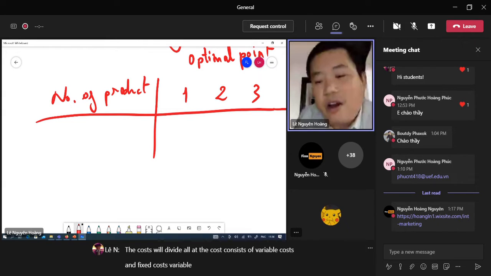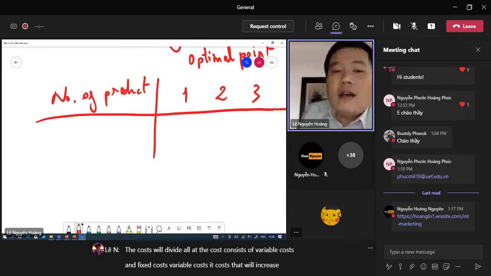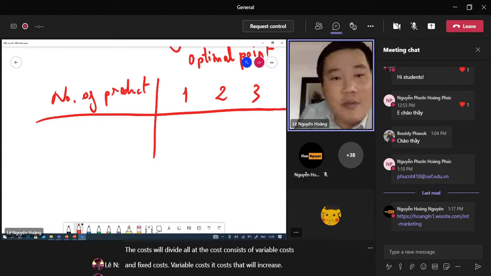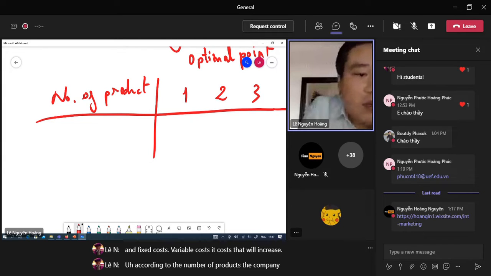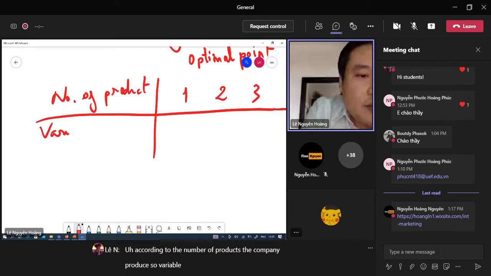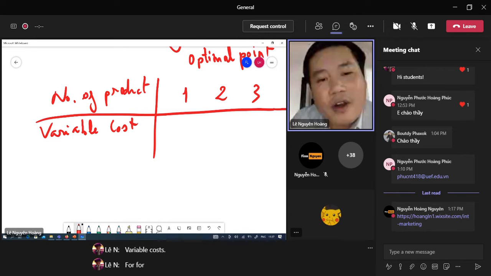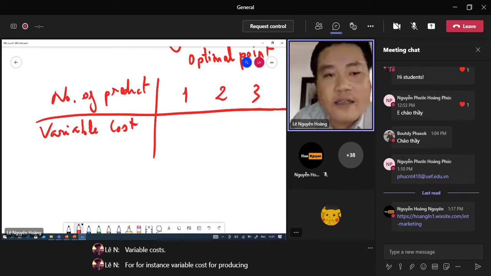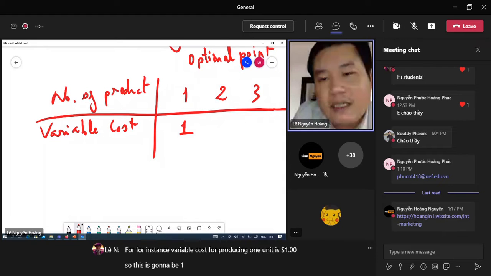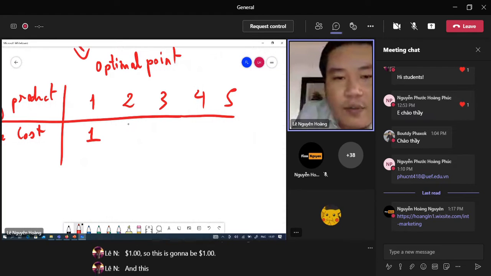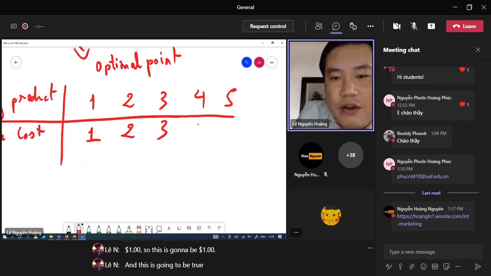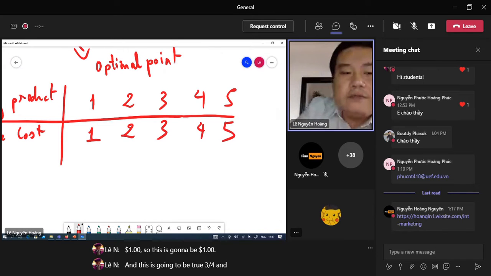Variable cost is the cost that will increase according to the number of products the company produces. For instance, variable cost for producing 1 unit is $1, and this is going to be 2, 3, 4, and 5.